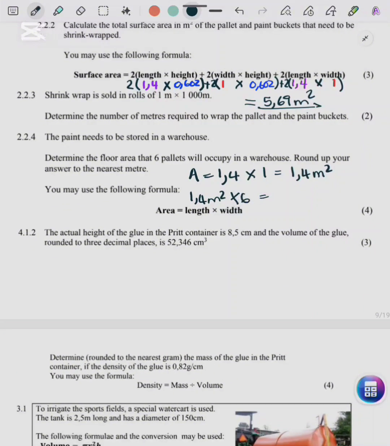And when we do that, we get to 8.4 meters squared. And then very important, they do tell us to round up our answer, so therefore we can say approximately 9 meters squared. Okay, and that was nice because it's quite a lot of marks for what is relatively a straightforward question.